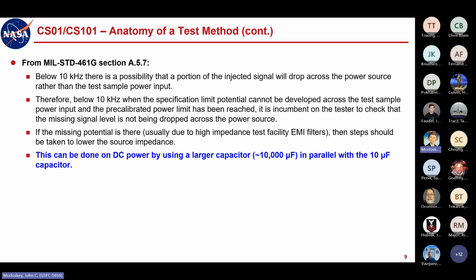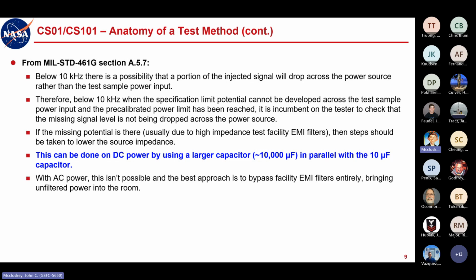This can be done on DC power using a larger capacitor, such as 10,000 microfarad, in parallel with the 10 microfarad capacitor. So we didn't just pull this 10 microfarad capacitor out of the air. It was a specific recommendation here in the MIL standard. With AC power, this isn't possible, and the best approach is to bypass facility EMI filters entirely, bringing unfiltered power into the room.